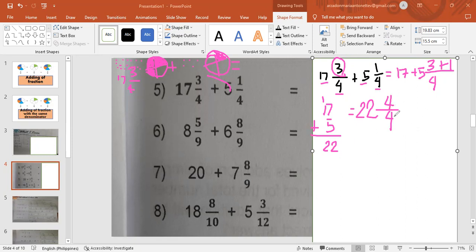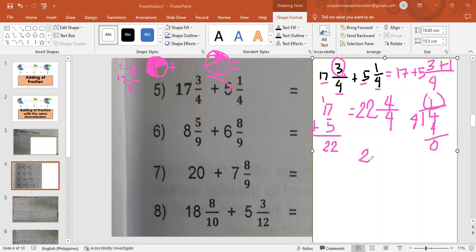So, let's see now. Is that the end of our solution? Not yet. So, 4, you have to divide that. 4 divided by 4 is 1. It's 1 times 4. It's 4 and 0. So, the answer is 1.